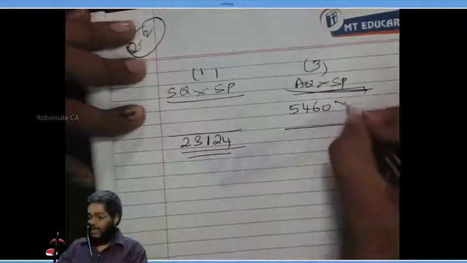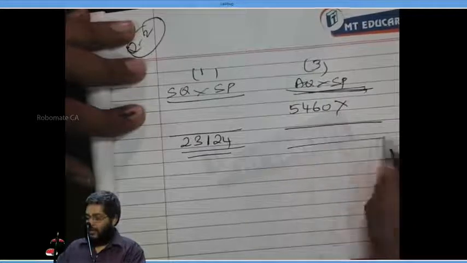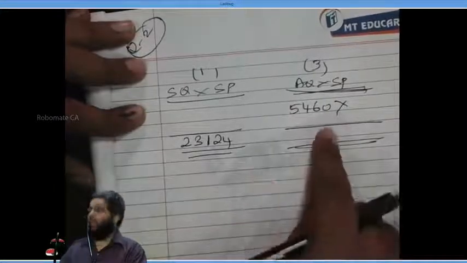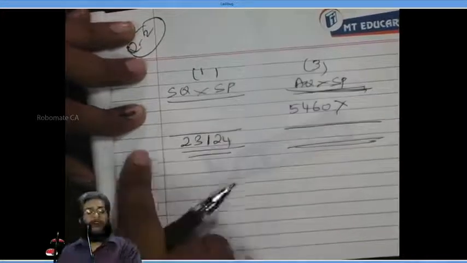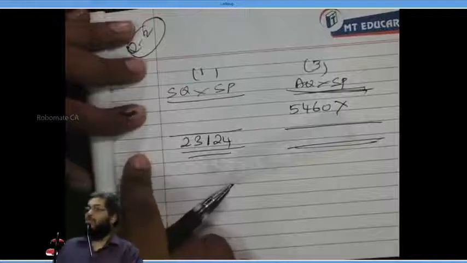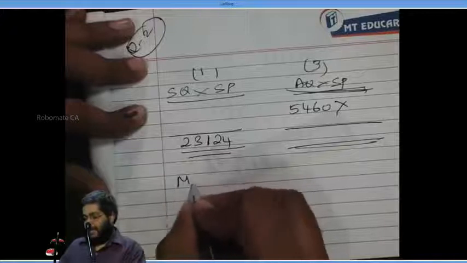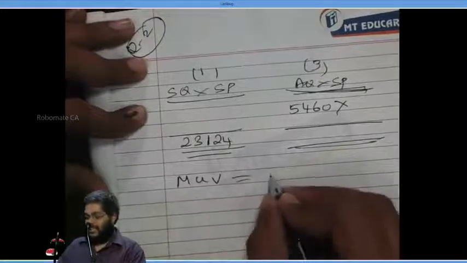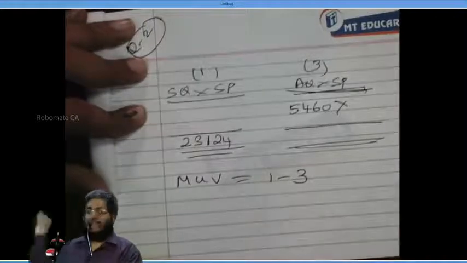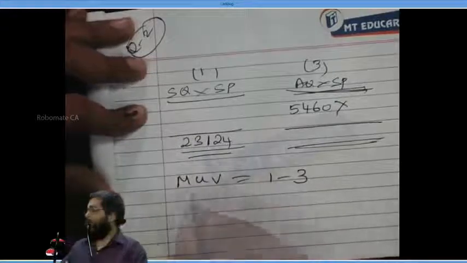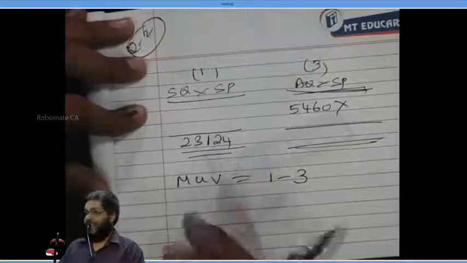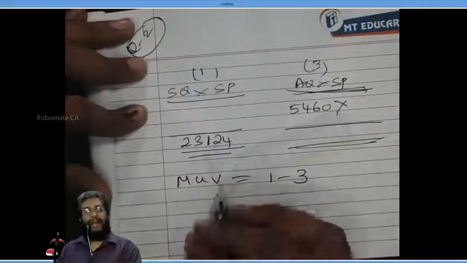Now let us work out the usage variance. How much adverse? 246 adverse. Now see, material usage variance is equal to column 1 minus column 3, and the variance is 246 adverse, so I can write it as minus 246.